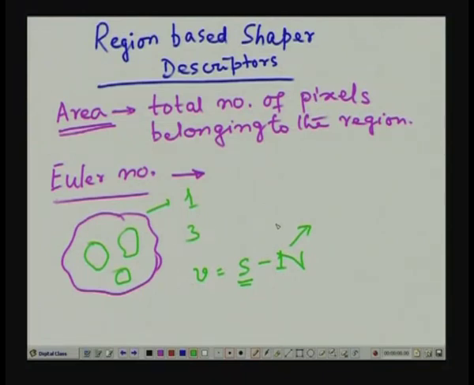So, in this particular case, because it has only one connected region and 3 holes, the Euler number will be equal to minus 2. Whereas, if I have an object of this form, say one connected region and one hole within this connected region, in this particular case the Euler number will be equal to 0.